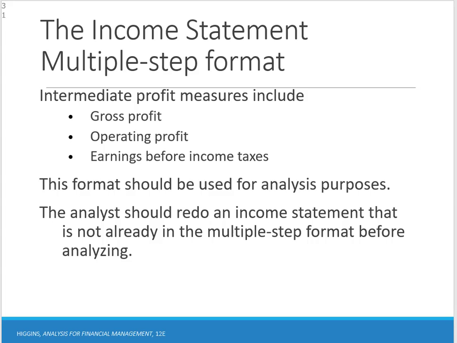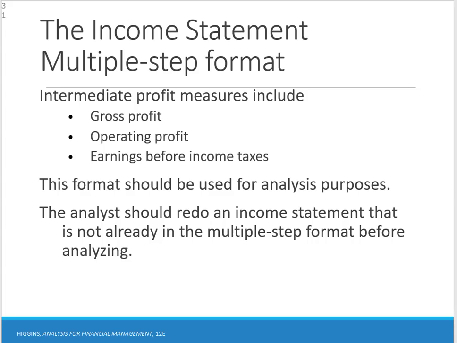We break it into some intermediate terms: gross profit, operating profit, and then earnings before income taxes. Again, we do this because, number one, taxes for large companies, typically they're all the same. It's the same percentage.